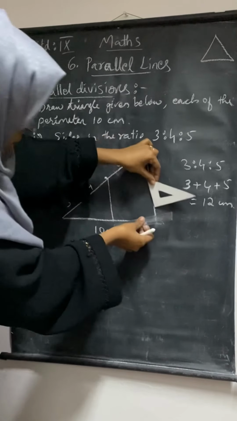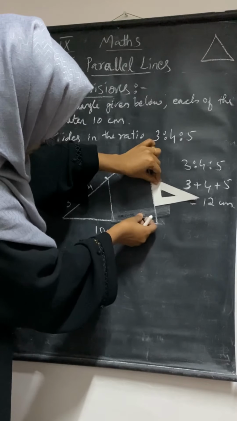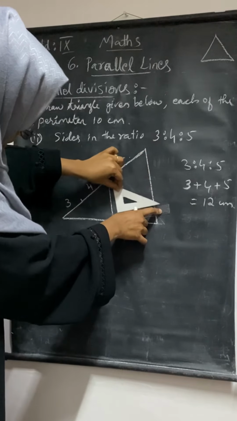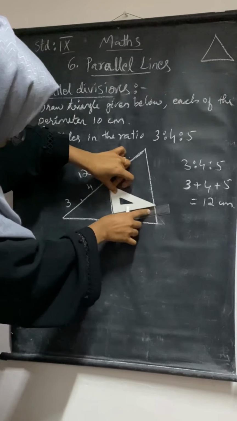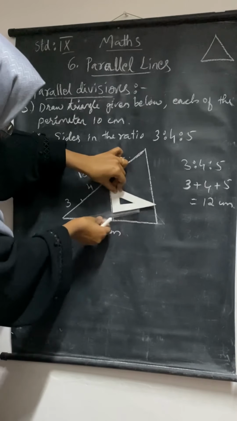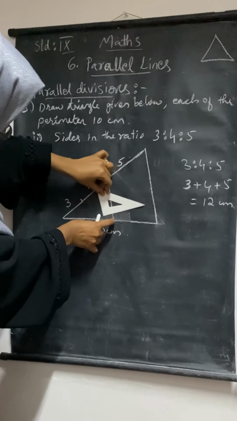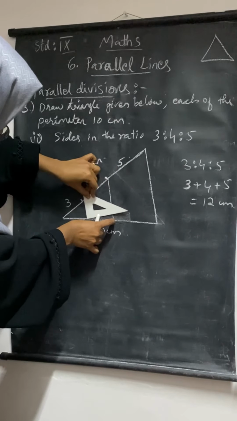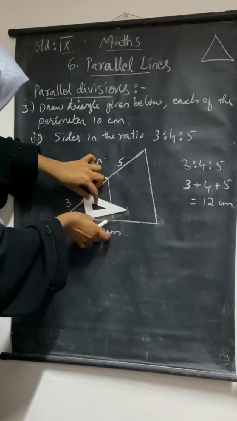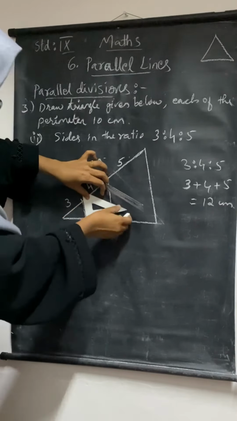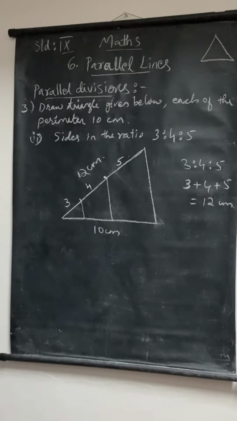Or I can do like this, put it a little down, because it is easy to mark. Like this I can put, so that you get the point here, mark it. Now bring the scale down, don't change the position, you can bring it till like this. See now the point is getting here. Now remove the scale and draw the line like this. So this is the parallel line you're getting.